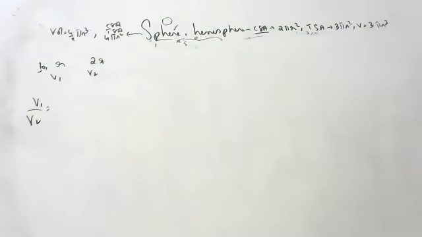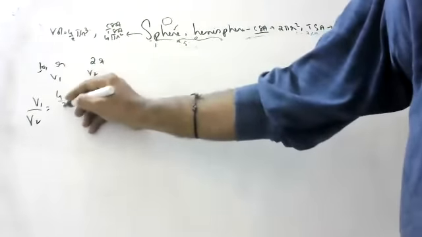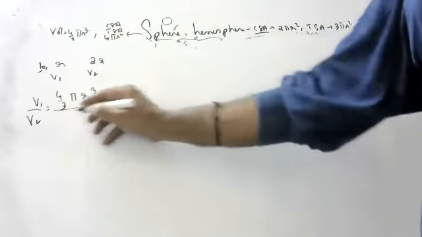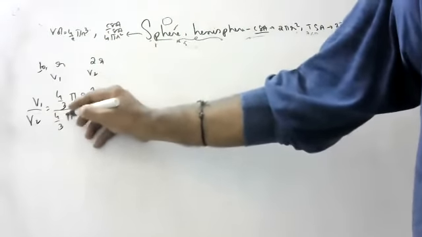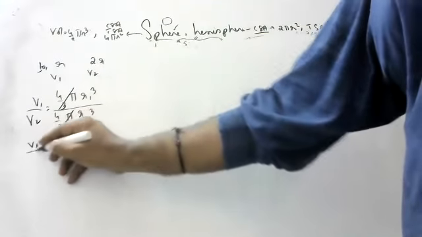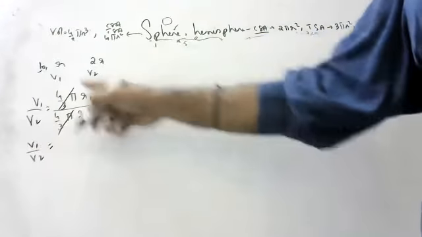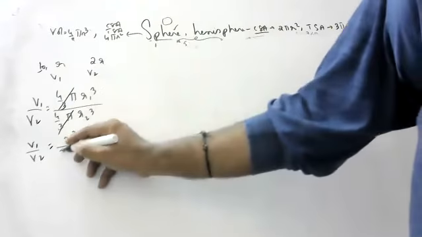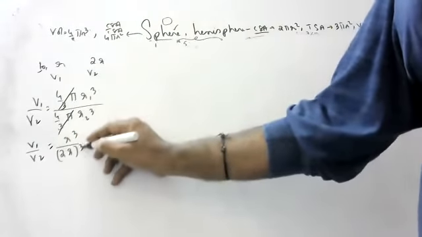Volume of sphere equals 4 by 3 pi r cube. So V1 by V2 equals 4 by 3 pi r1 cube by 4 by 3 pi r2 cube. This cancels. V1 by V2 equals r cube by 2r whole cube.